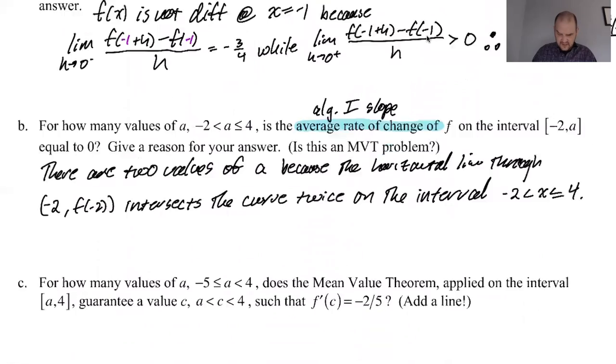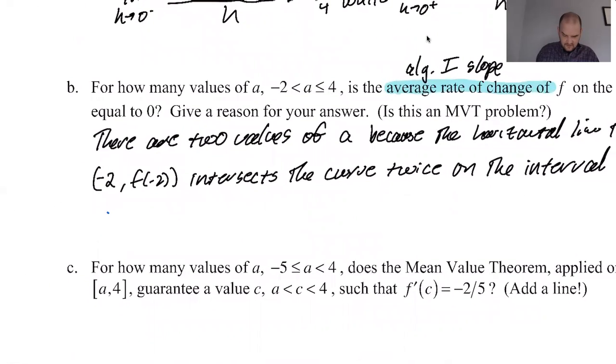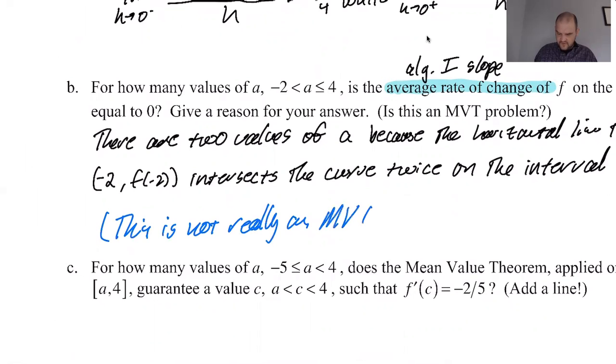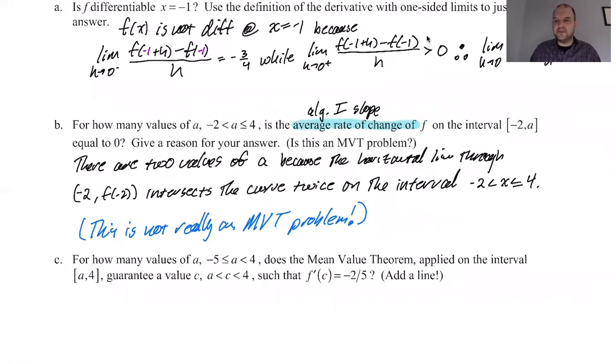So I'm going to say in parentheses, this is not really an MVT problem. It feels like it, but it's not. Maybe make that an exclamation. I like to use exclamation points more than I'd probably admit.